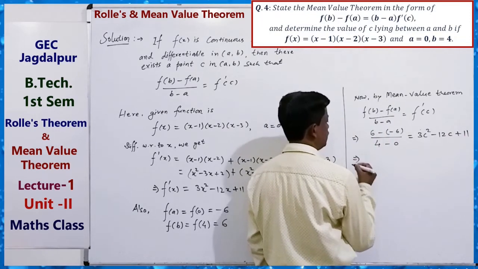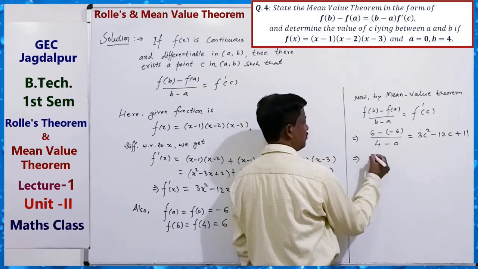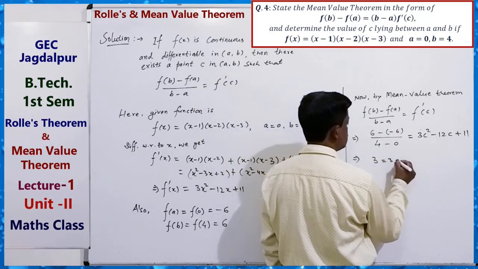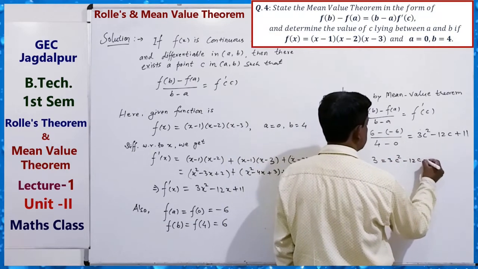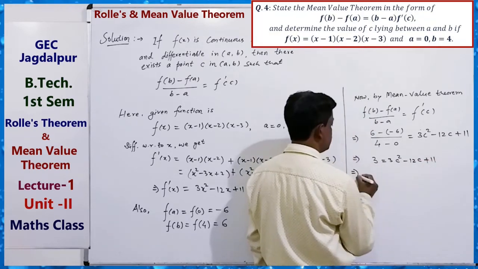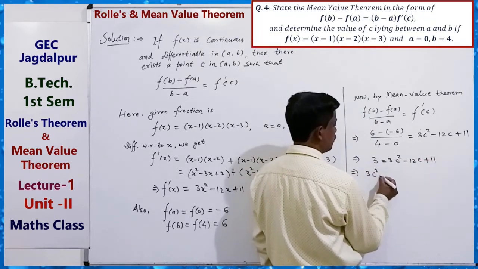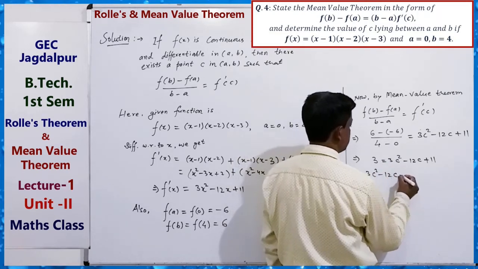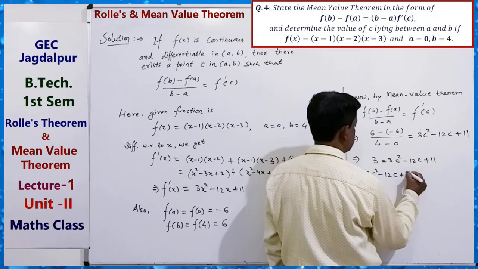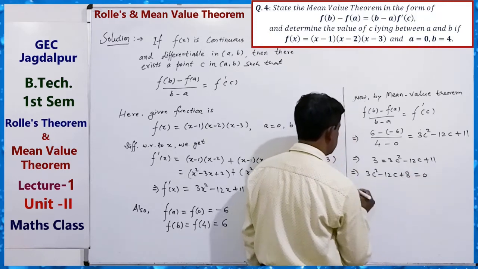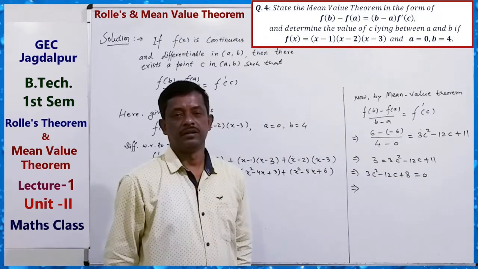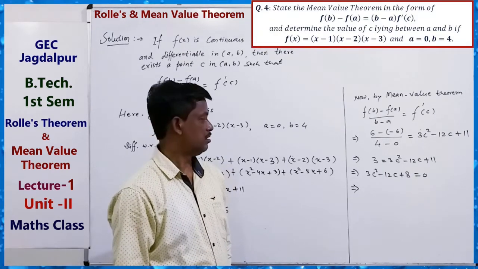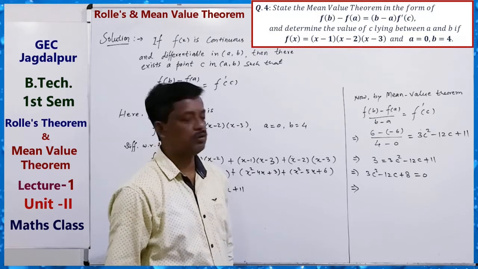Just solve it. 12 by 4 is 3, so 3 equals 3c square minus 12c plus 11. From here we see that 3c square minus 12c plus 8 equals 0. This is our equation for finding the value of c, and here we can get two values of c.